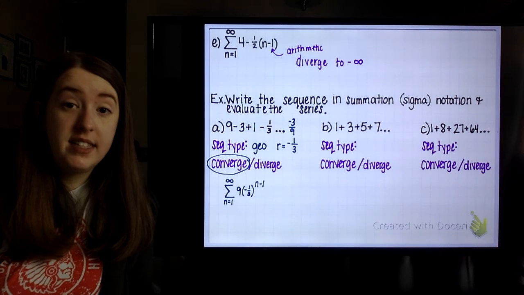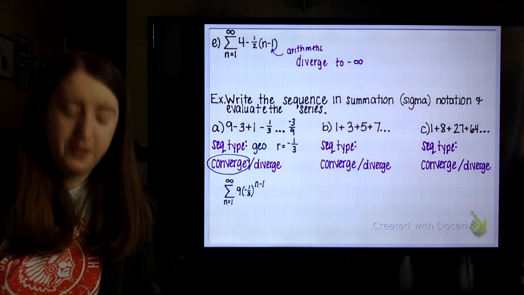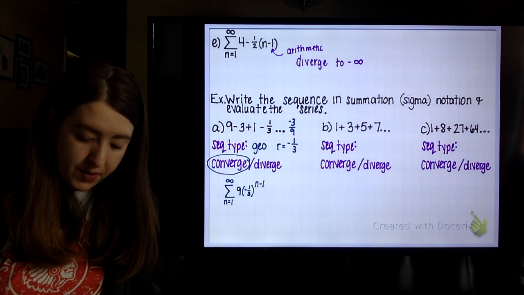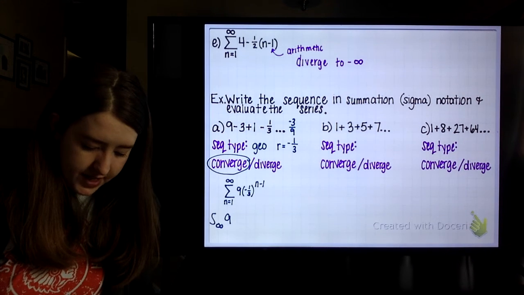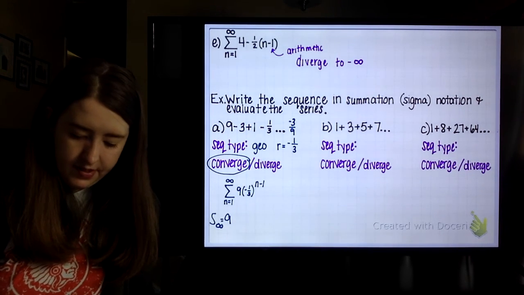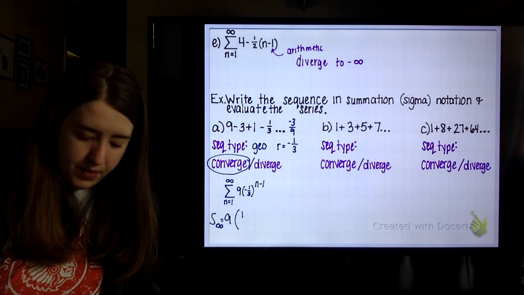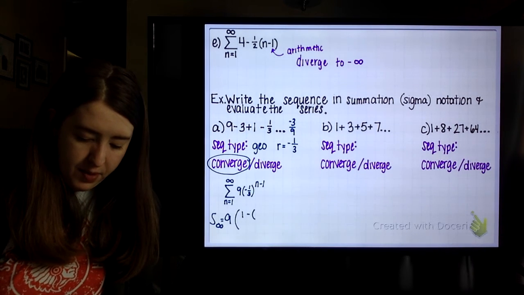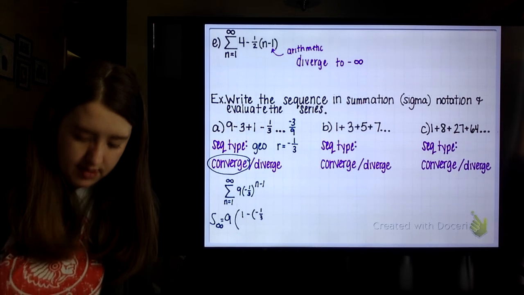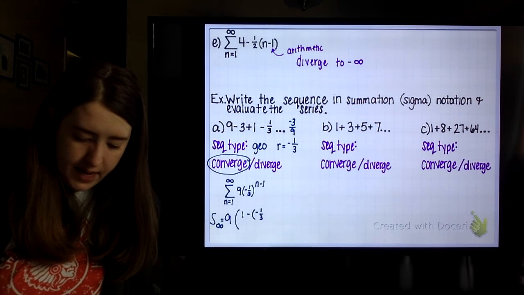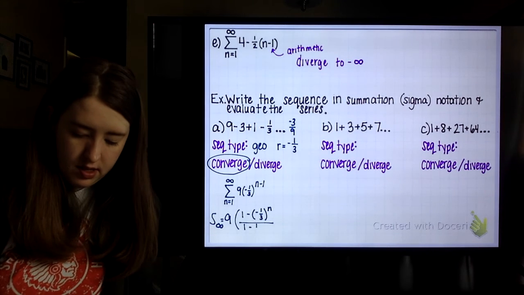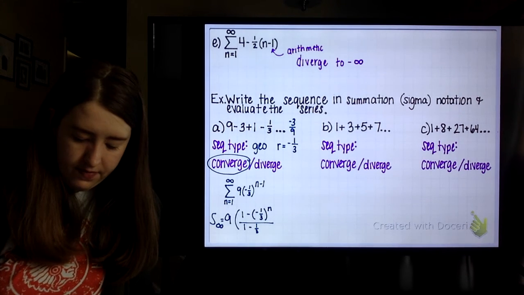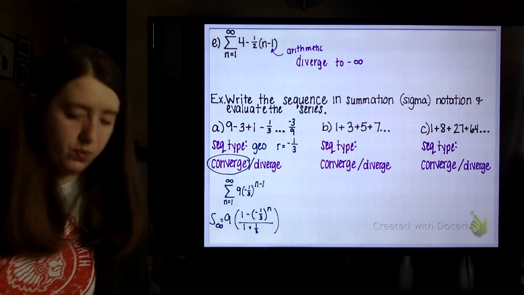So now that we have it in sigma notation, now we want to evaluate it. So my first term was 9. I'm trying to find s sub infinity. Times 1 minus, and then put in parentheses, negative 1/3 to the n power, over 1 plus 1/3.